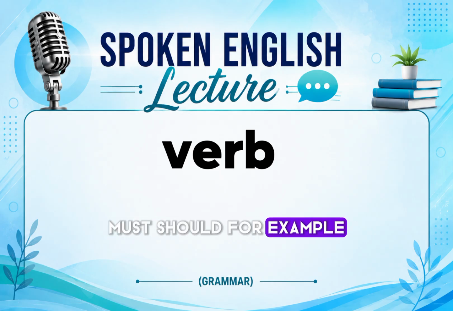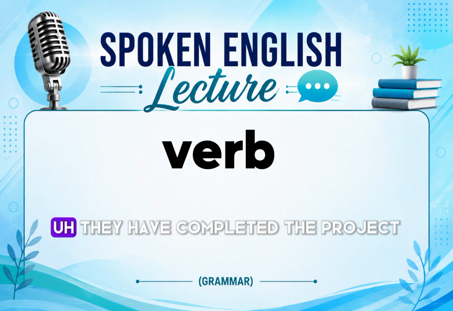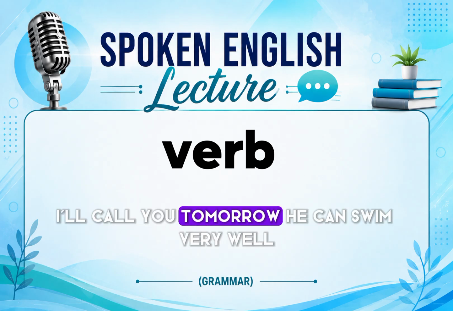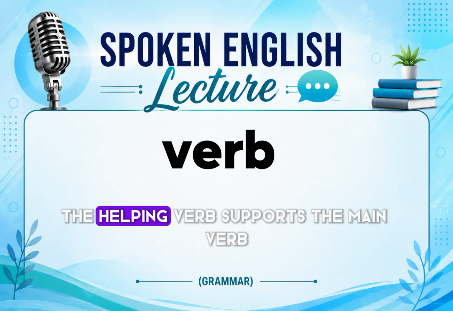For example, she is studying English. They have completed the project. I will call you tomorrow. He can swim very well. So remember that the helping verb supports the main verb.